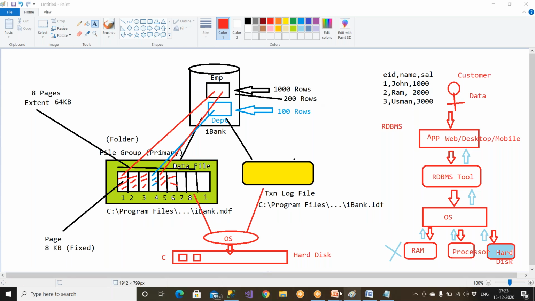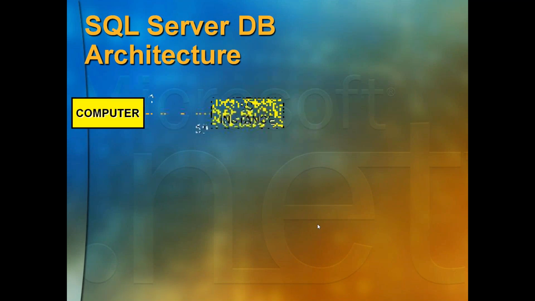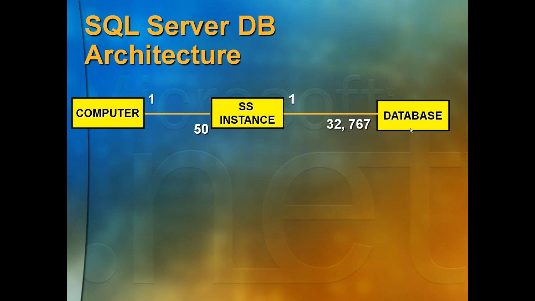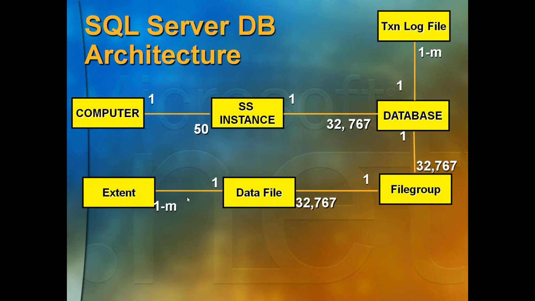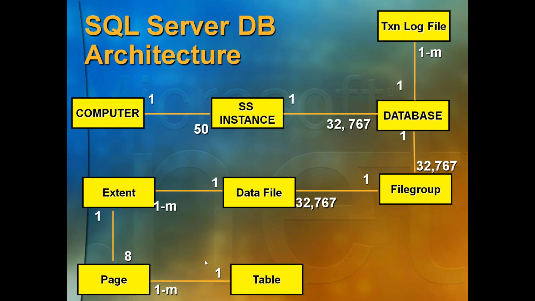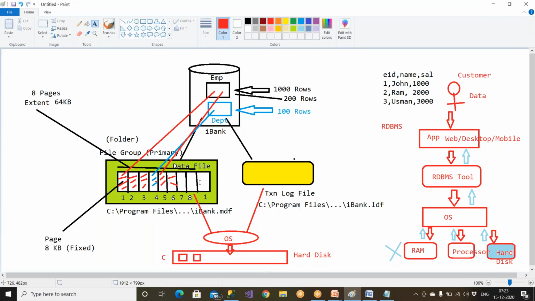So this is what we have discussed. Clear? So whenever you create a database, by default one file group, by default one transaction log file, and one data file will be available, and one data file will have one or more extents, and one extent will be having 8 pages. One table data is occupied in one or more pages, right? So if you see the diagram, you can understand.